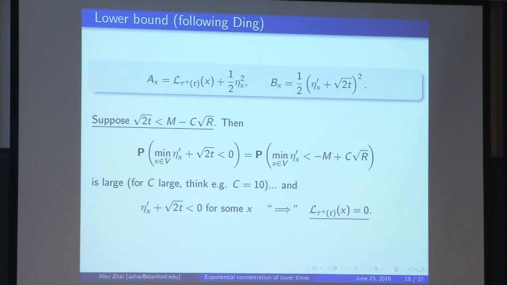So the argument you want to try to make is that if this thing inside is actually negative, then it also forces this local time to be 0.